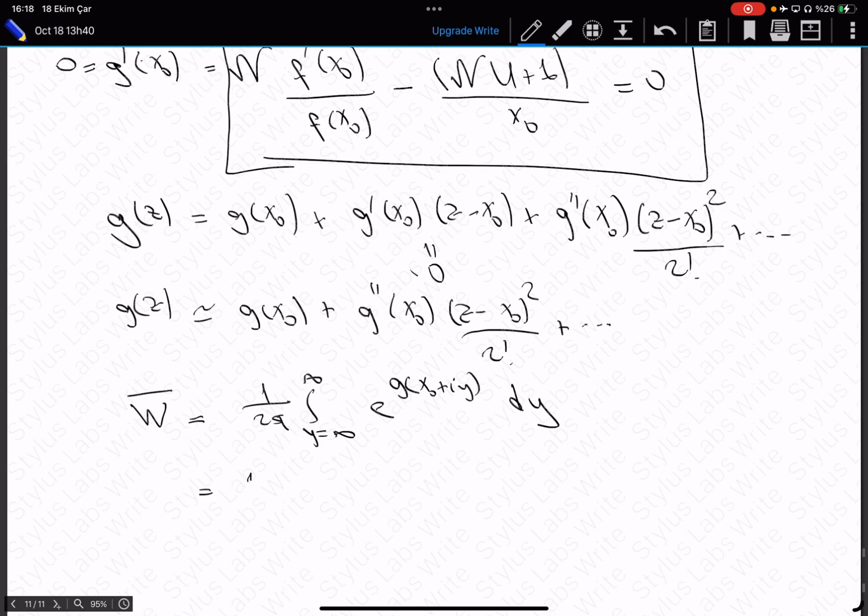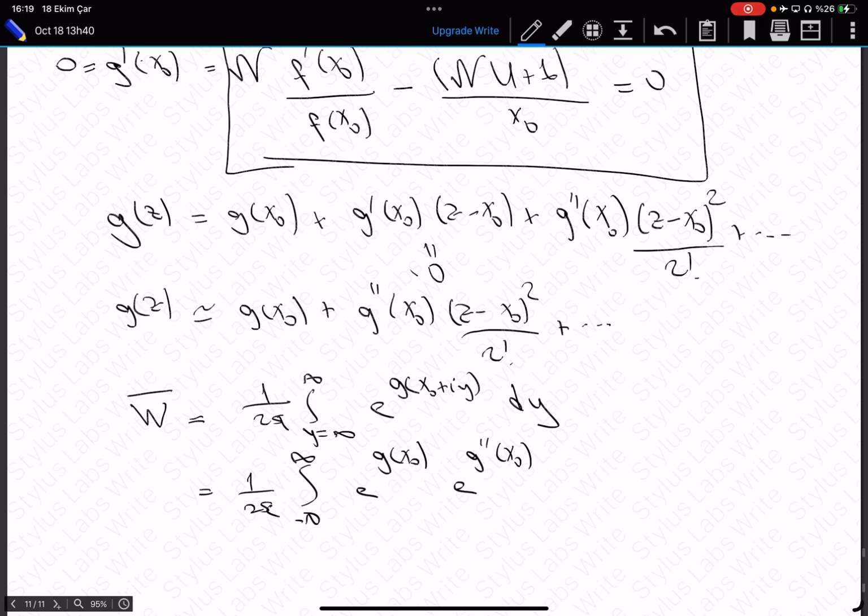This is equal to 1 over 2 pi from minus infinity to infinity e to the power g evaluated at x0. Now this is a constant independent of y. Then I have e to the power g double prime of x0.